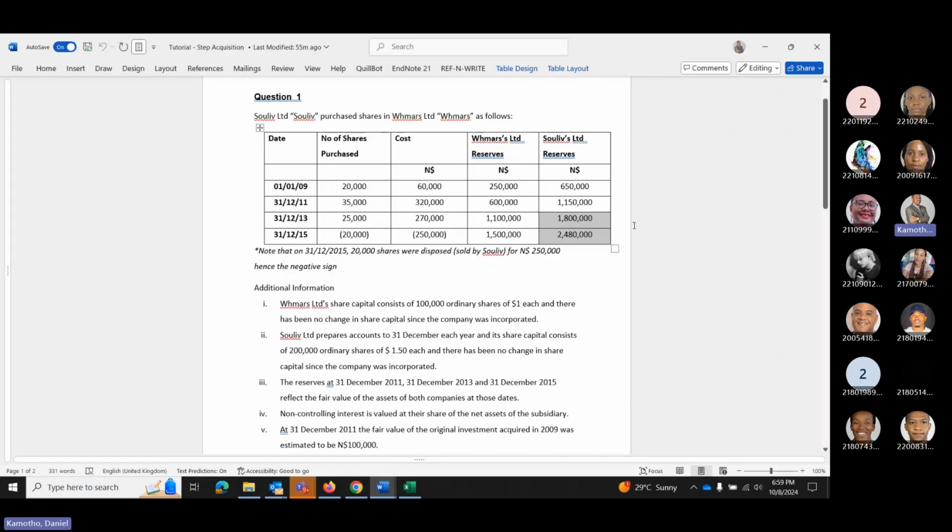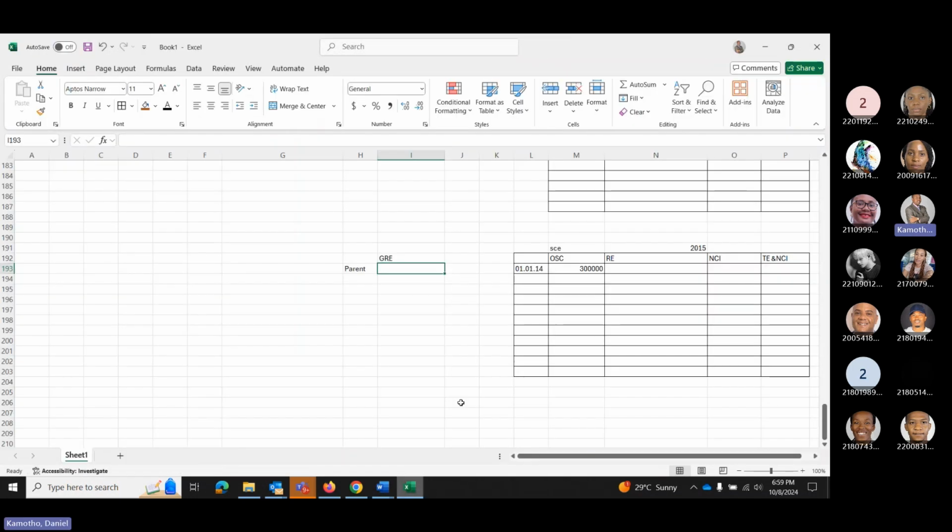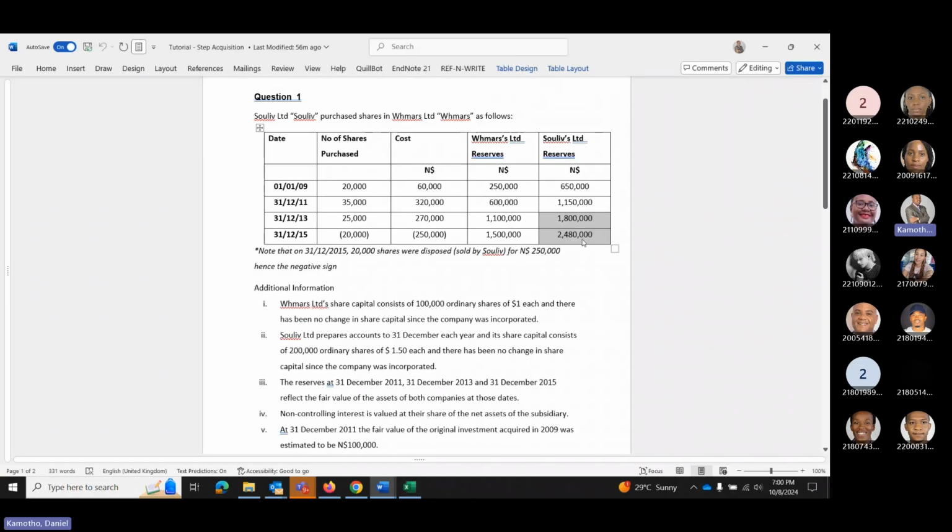Then we are saying the balance brought forward is 2230. Let me work it out. We are saying the figure is 2480, and the previous figure is 1800.